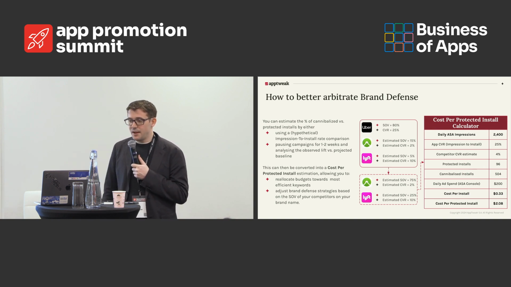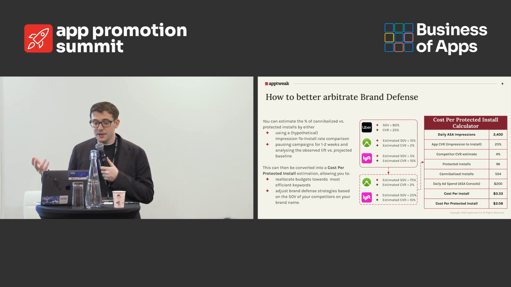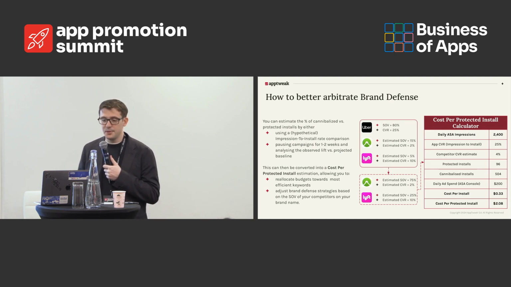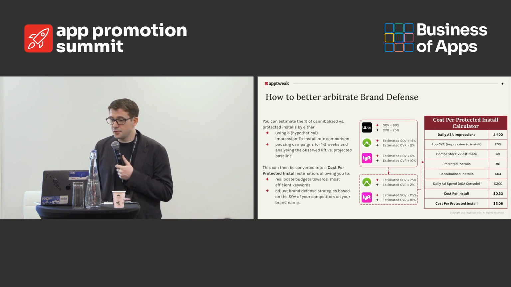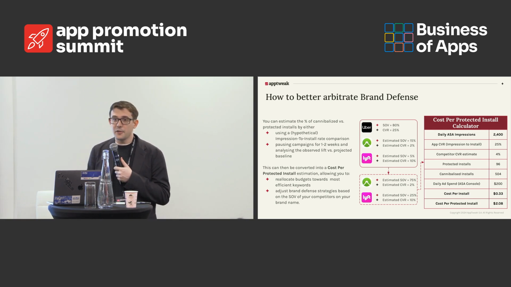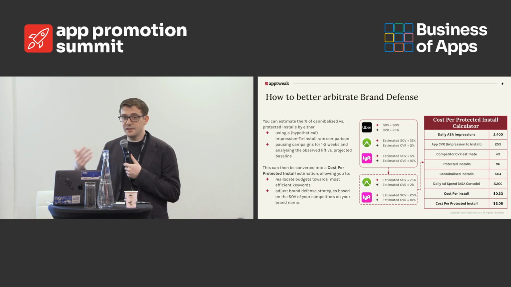If I stop bidding on my own brand, unless someone else joins the auction, my impressions are probably going to be divided between Komoot and Lyft. So by then, I can calculate how many installs are going to get to these two apps.